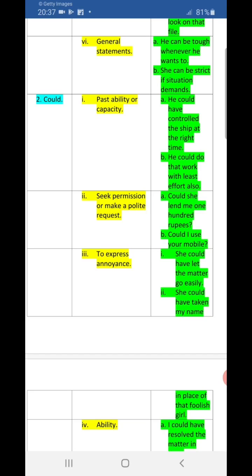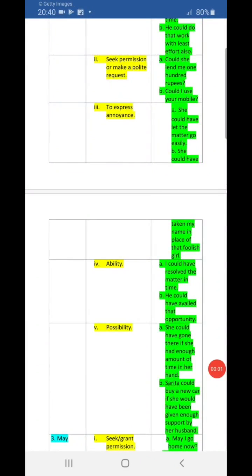Next, number 3. To express annoyance. Example number A. She could have let the matter go easily. So it's suppose someone's annoyance.